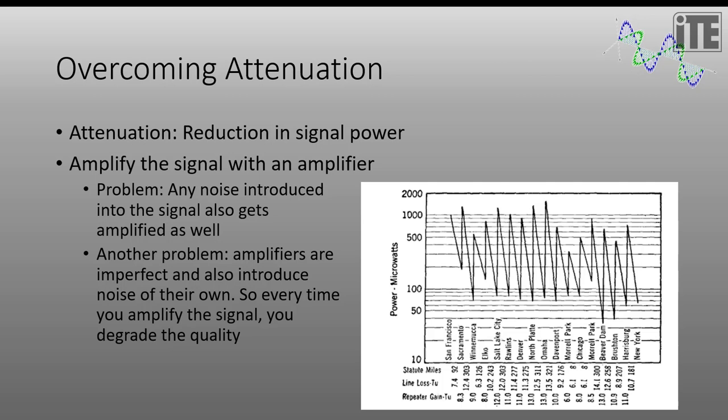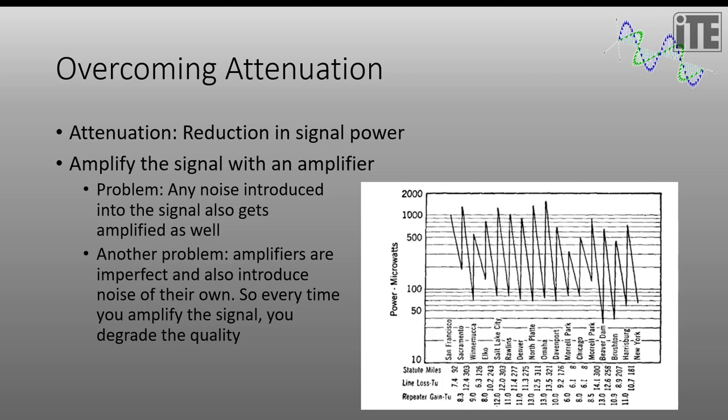So there's an amplifier there, a repeater gain, and that repeater gain is 8.3, so it goes up, and then we get a loss again. You can see quite a big loss, and then we boost it up again, this time not quite as high, and so on and so on.